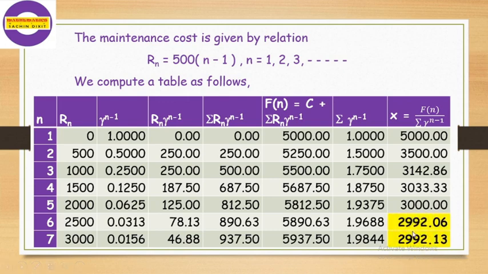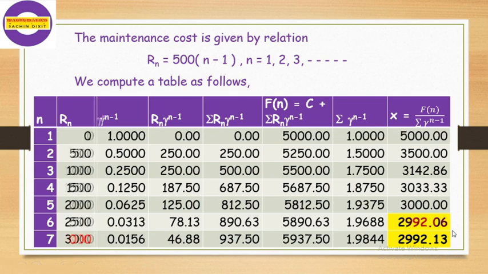Just observe these last two values. For the 6th year it is 2992.06, and for the 7th year 2992.13. So it starts increasing. So we replace the machine at the end of the 6th year.